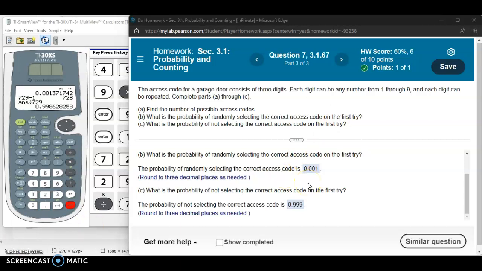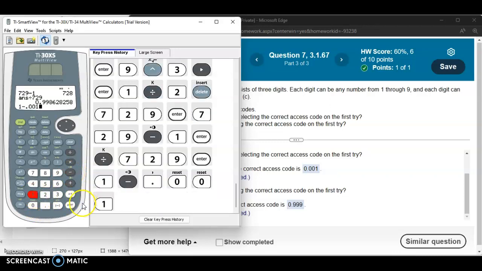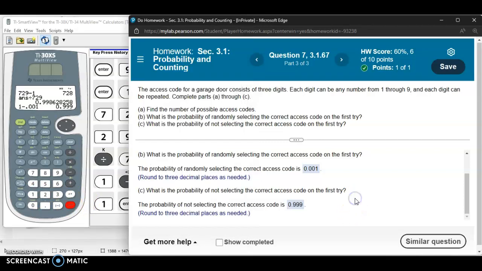Another way to get the answer to part C is to take 1 and subtract from it the probability that you got on part B. So 1 minus 0.001. That's based on the fact that guessing the correct access code on the first try is the opposite of not getting the access code on the first try.